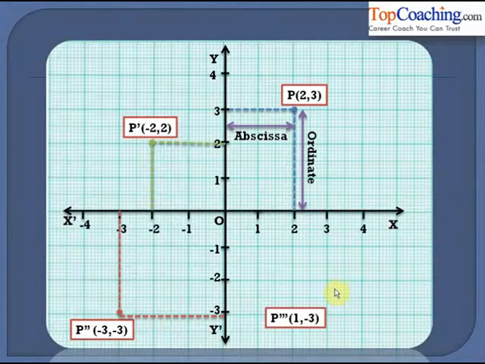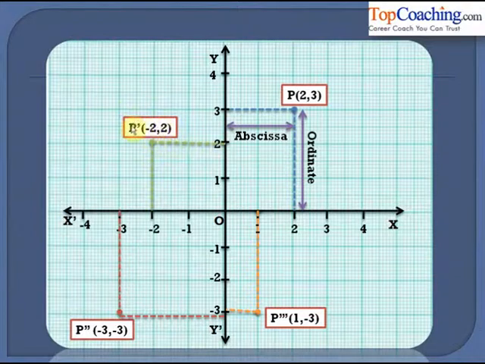And at last, let's see a point in the fourth quadrant. Let P triple dash be the point. So here we see that 1 is the abscissa of this point and -3 is the ordinate of this point. So the x-coordinate is 1 unit and the y-coordinate is -3 units. So we clearly see that if a point lies in the first quadrant, then the abscissa and the ordinate both are positive.